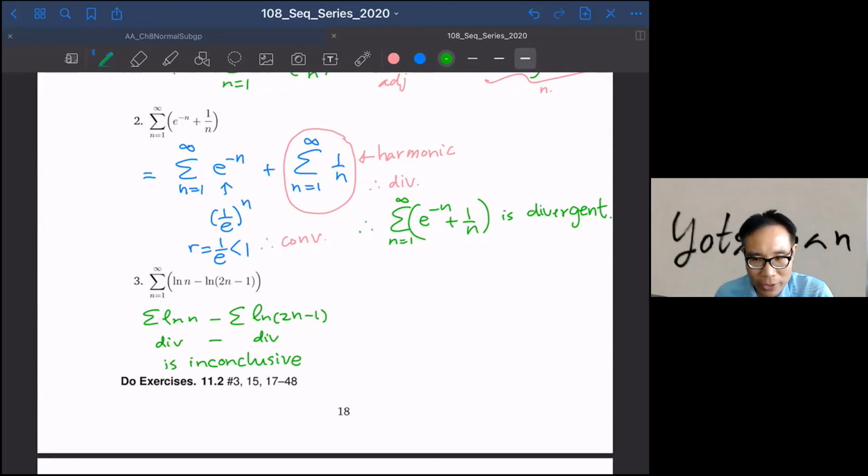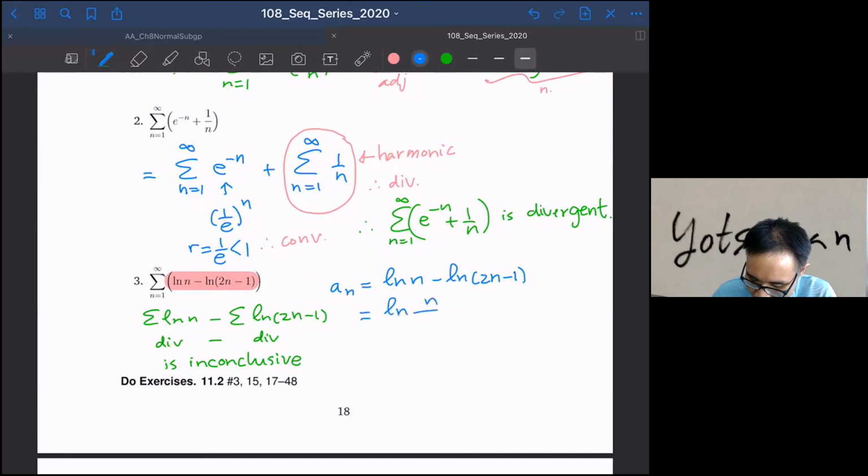What you can do is just rewrite this a_n. You have a_n given in terms of log n minus log 2n minus 1, and this will be log of n over 2n minus 1.